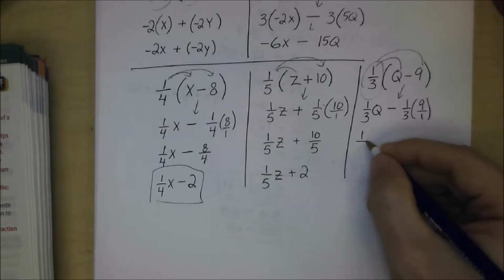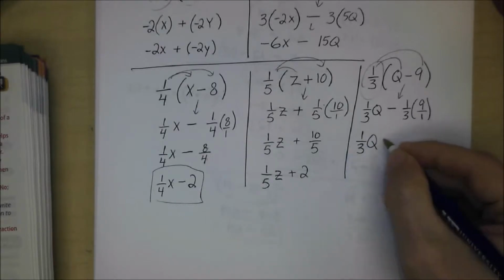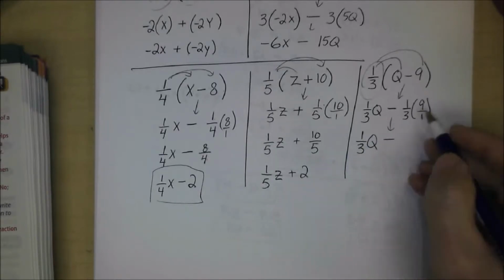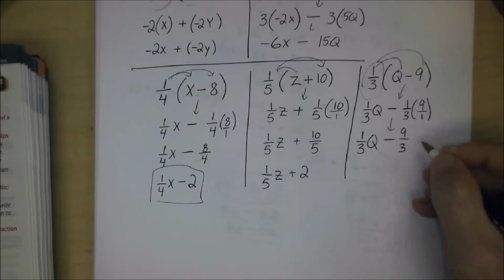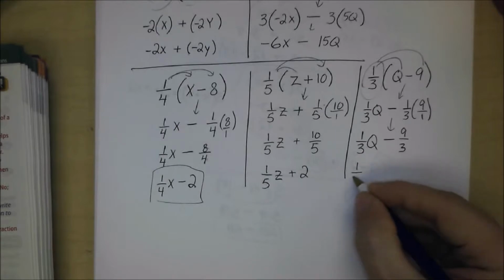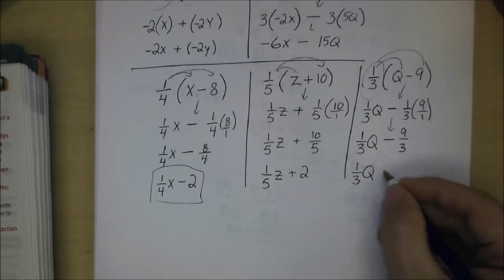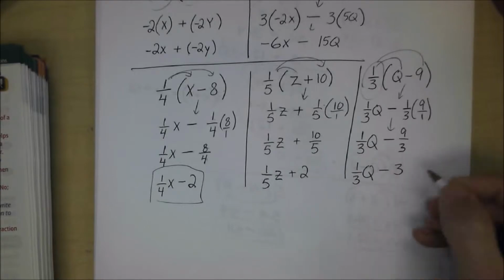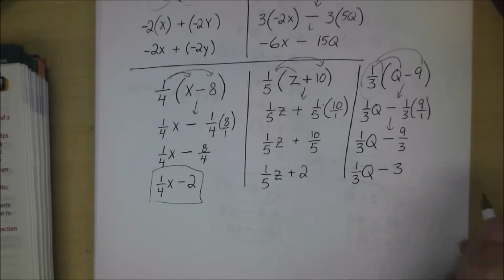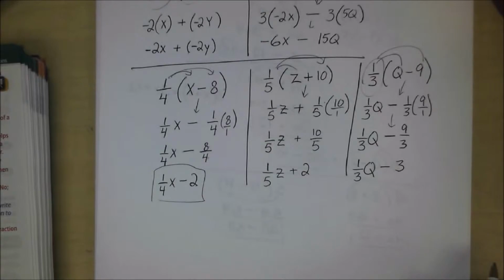Now, 1/3 q minus, so same minus sign. 1 times 9 is 9. 3 times 1 is 3. Almost done. 1/3 q minus, and 9 divided by 3 is 3. So now, hopefully you feel like you have a good handle on that.